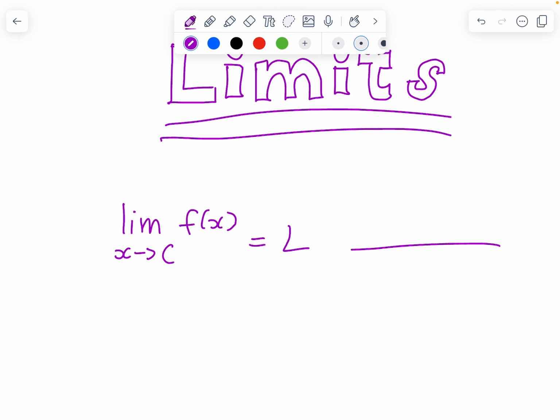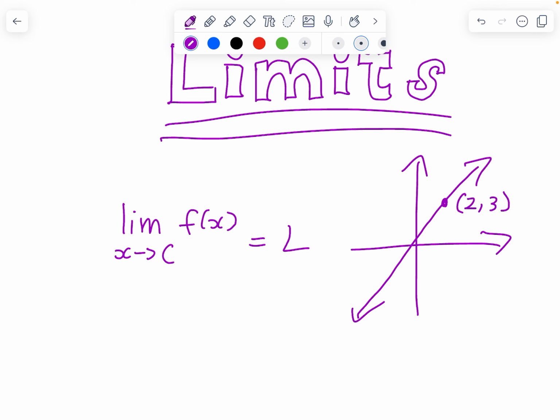So let's say I have a graph here, a linear line, and let's say we have a point at (2, 3), for example. This line, by the way, is called f of x. What is the limit of f of x as x approaches 2?